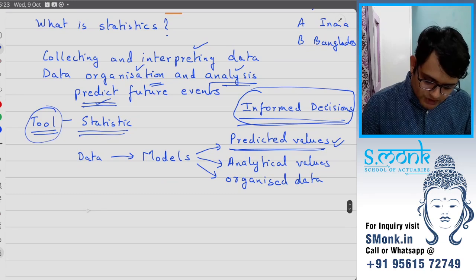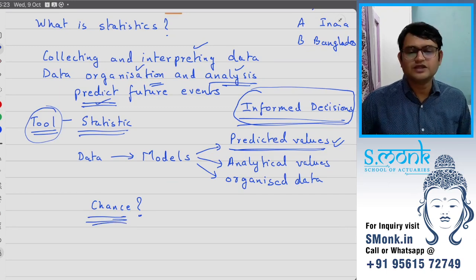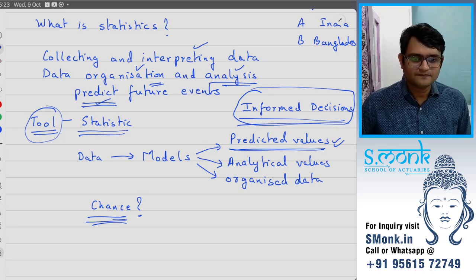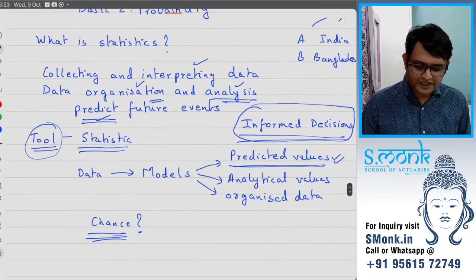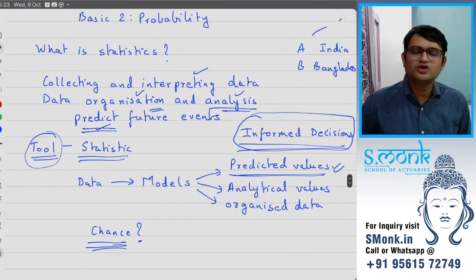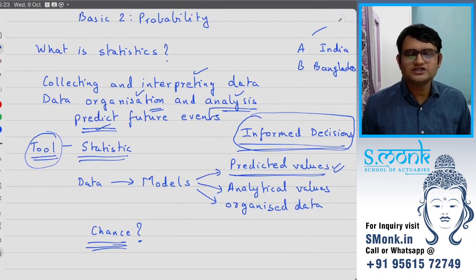So when I say better chance, what does that mean? What does a chance mean? When I say there is a better chance that you will be able to predict the future, what does chance mean?